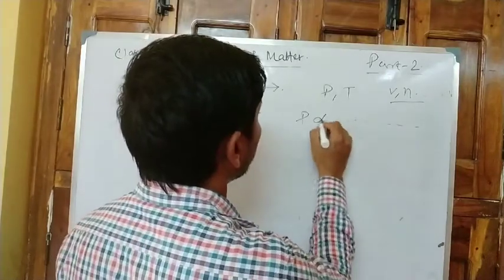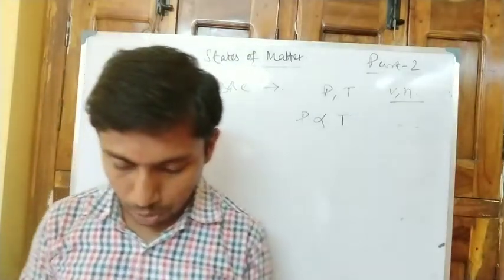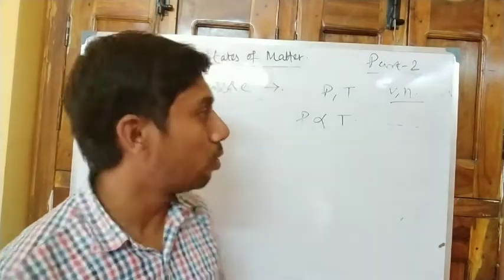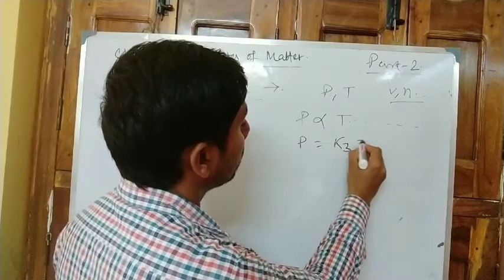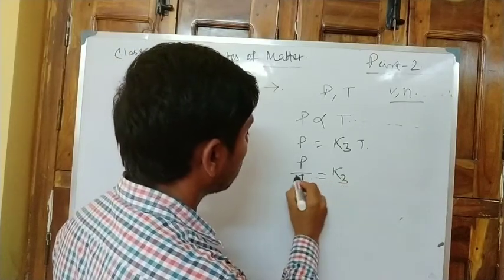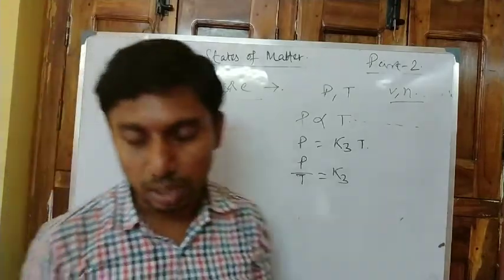So P varies as T. It is the expression of Gay-Lussac's gas law. So P by T equals a proportionality constant, K3. So P by T equals K3. It is the mathematical expression of Gay-Lussac's gas law.